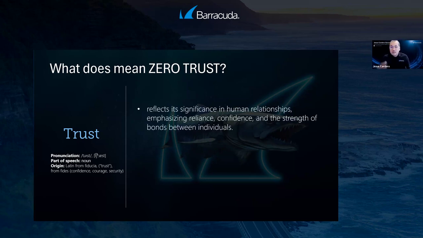It reflects the significance of interactions in human relationships, right? Create the bond, it can be damaged, and once it is damaged, it can be rebuilt only with difficulty, right?